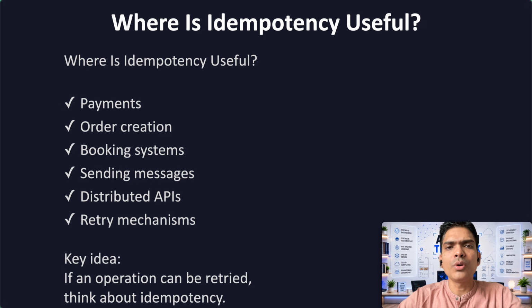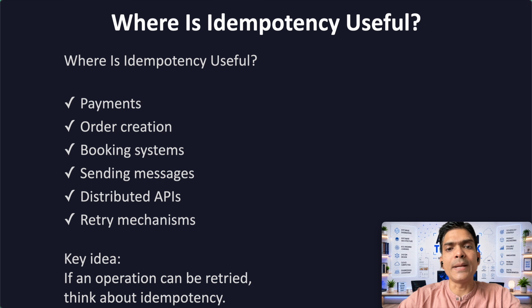So let's talk about where idempotency is useful. Payments, to prevent duplicate charges; order creation, to avoid duplicate orders; booking systems, to prevent duplicate bookings; sending messages, to avoid duplicate notifications; distributed APIs, any operations with side effects, retry mechanisms, anywhere retries are possible.